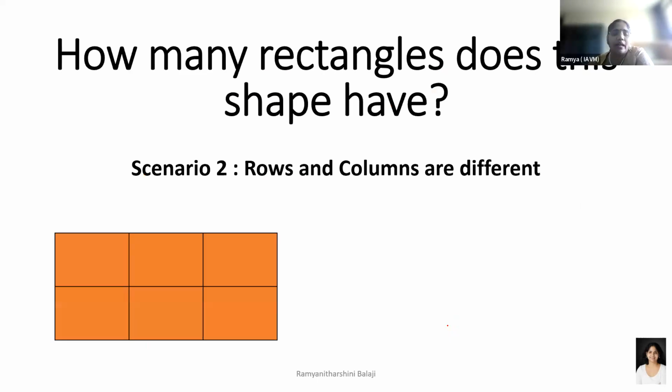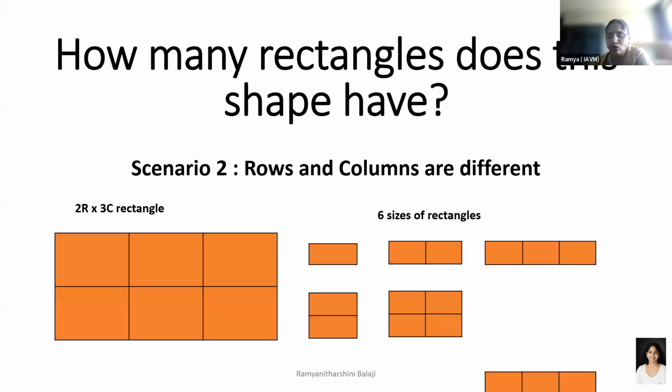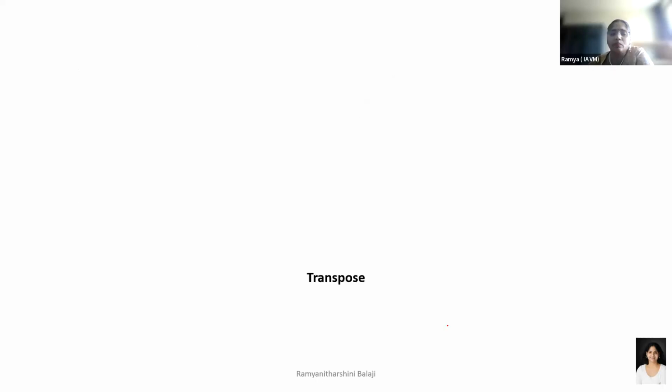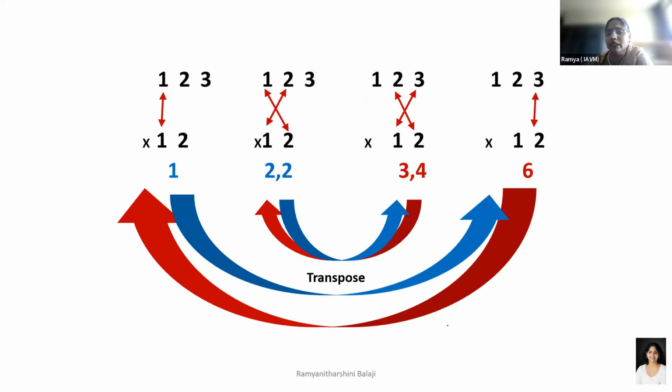So here I have a 2 row and a 3 column rectangle. So basically there are 6 sizes of rectangles to identify. And how do I do that? Same way, I just use the moving multiplier method, as we know. So it has got 1 times 1 is 1, and you can see the patterns mirroring.